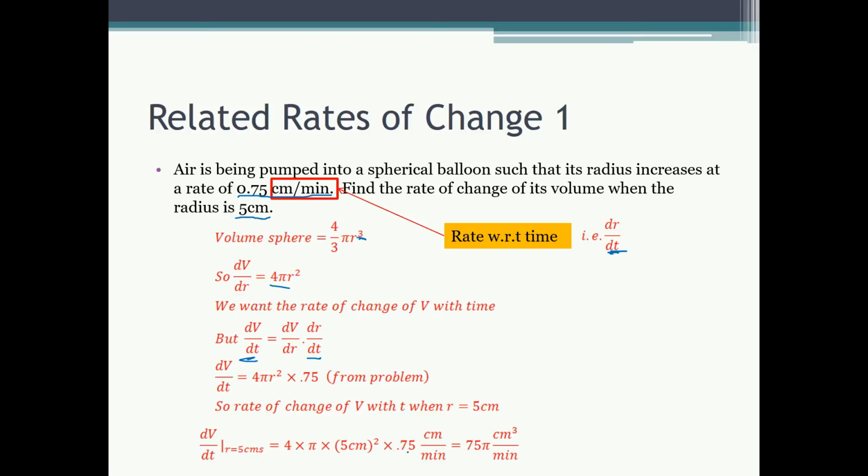The rate of change of r is centimetres per minute, so we now have centimetres cubed on the numerator and minutes in the bottom. So that's the unit for it. So there's one problem. As the rate of change of r is 0.75 centimetres per minute, the rate of change of volume is 75 pi centimetres cubed per minute.